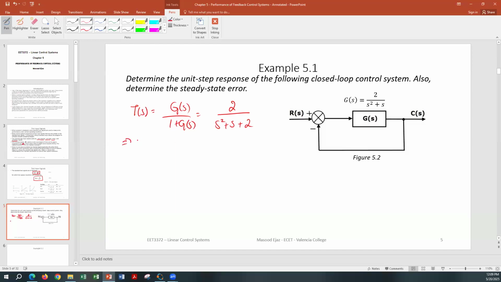And your output Y(s), which is in this case C(s). Let me change this C to Y because I'm so used to writing Y(s), is T(s) times R(s), 2 over s square plus s plus 2 times 1 over s.